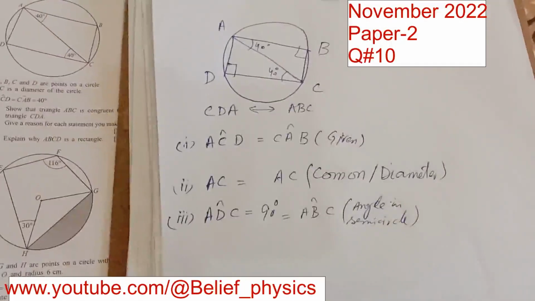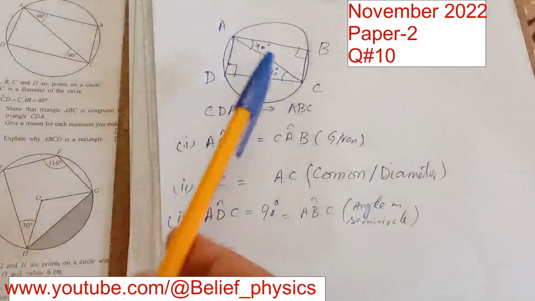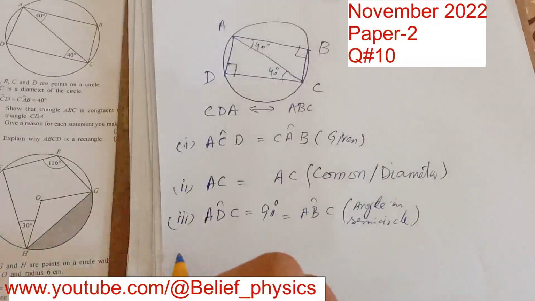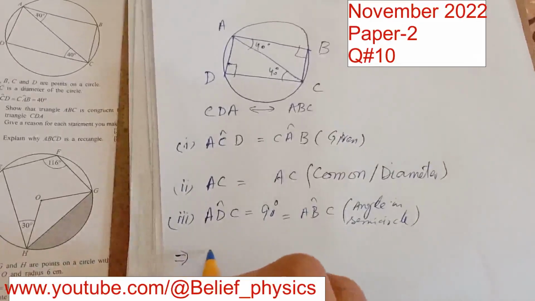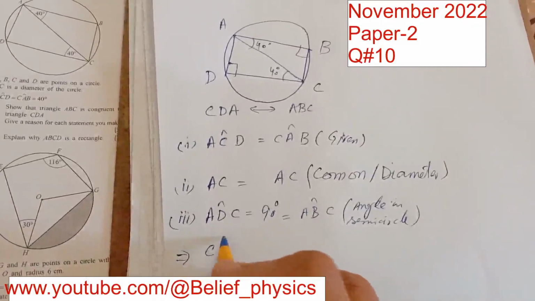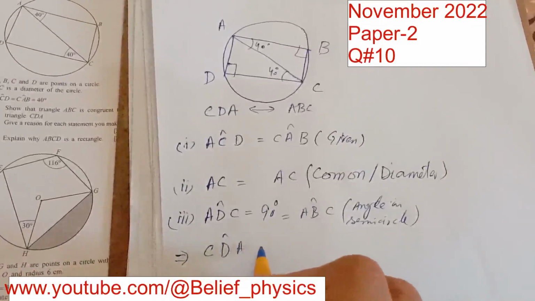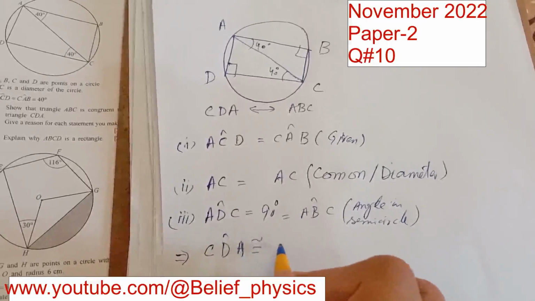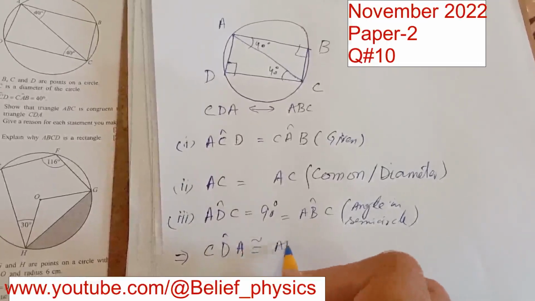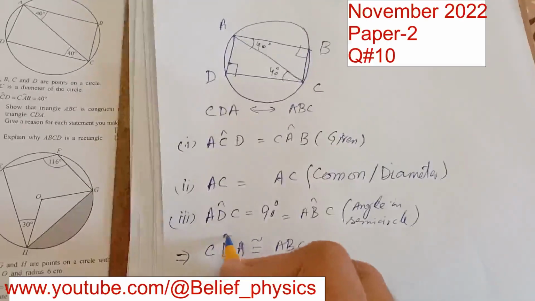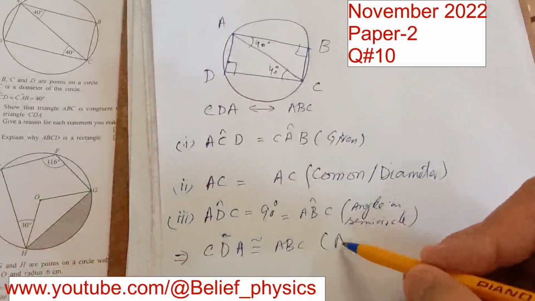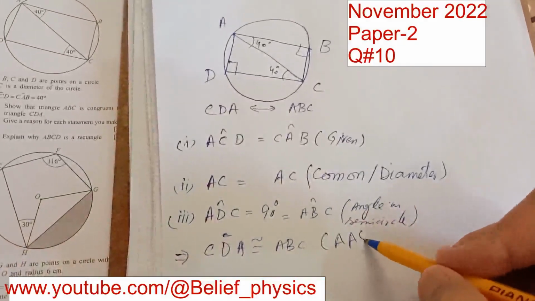Two angles and a side are equal, so this shows that triangle CDA is congruent to triangle ABC, and the reason is angle, angle, side.